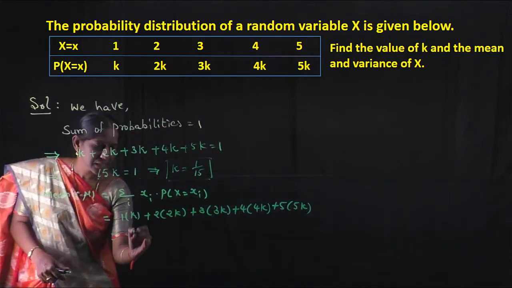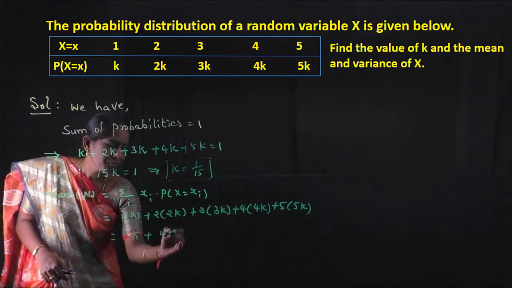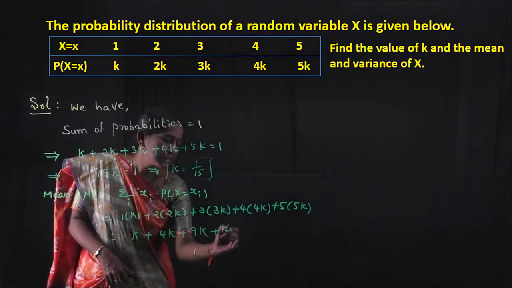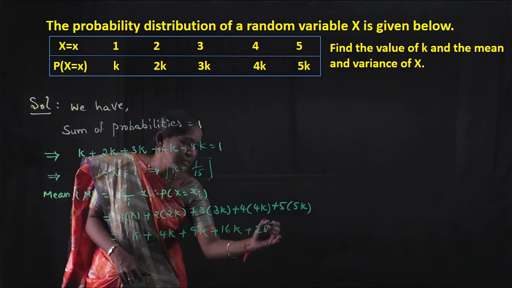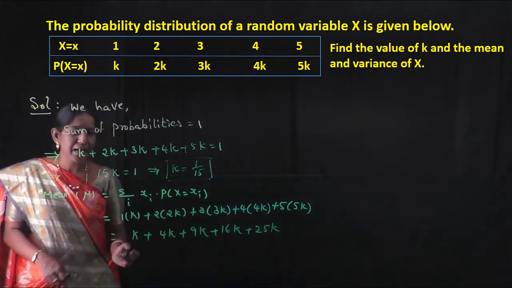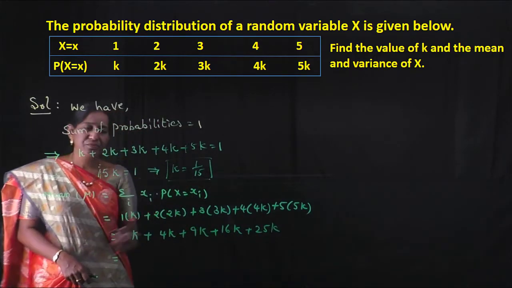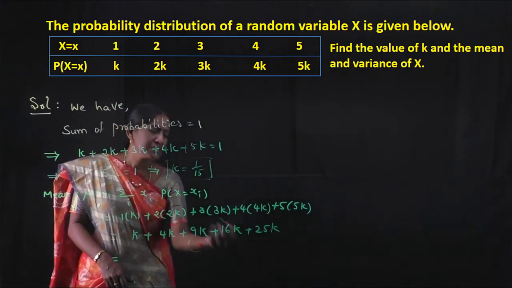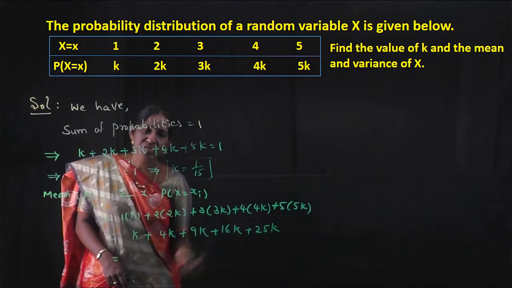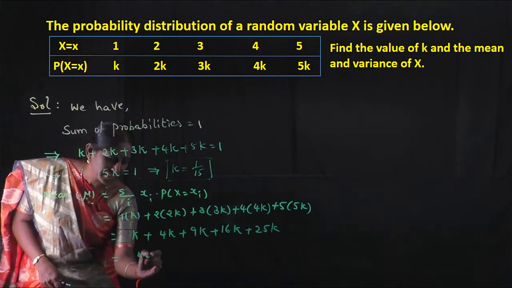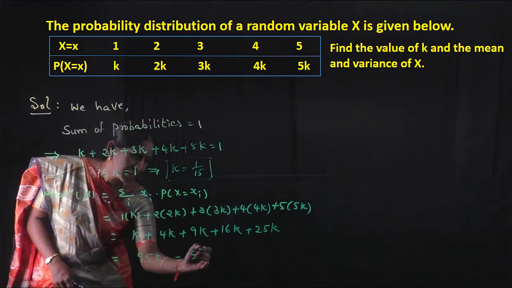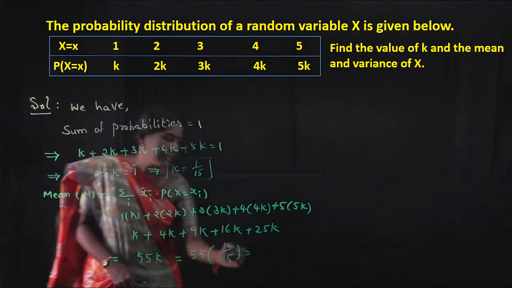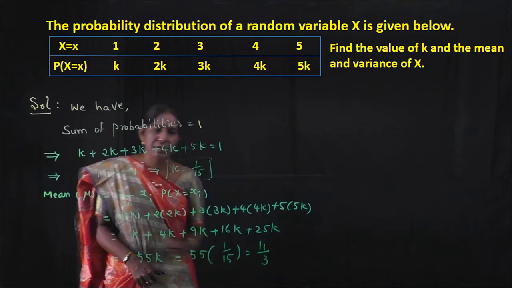So this is k plus 4k plus 9k plus 16k plus 25k. By adding all these, k plus 4k is 5k, plus 9k is 14k, plus 16k is 30k, plus 25k is 55k. And substitute the value k equal to 1 by 15. Then we get 11 by 3.